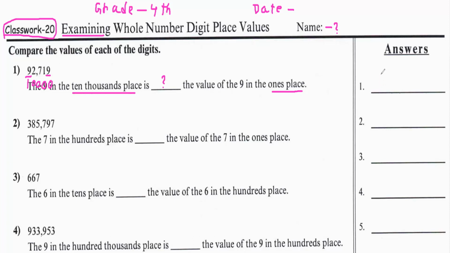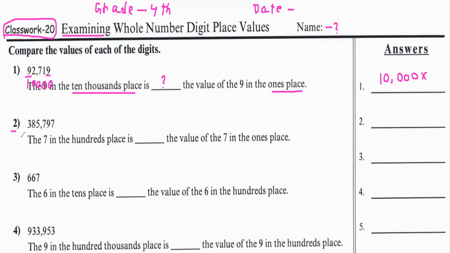So you have to write here 10,000 times. So the 9 in the 10,000 place is 10,000 times the value of the 9 in the ones place.